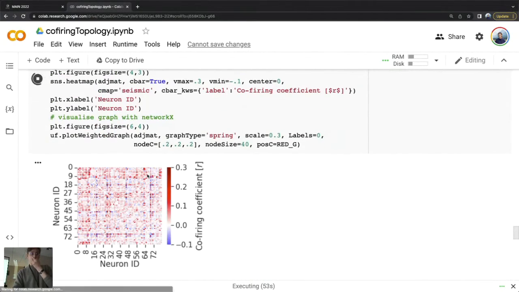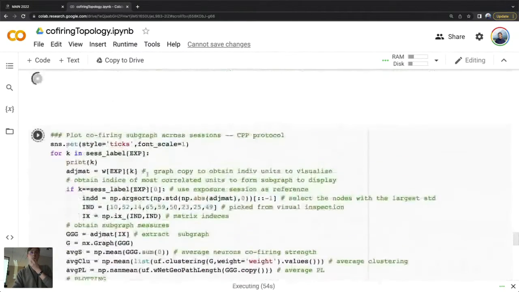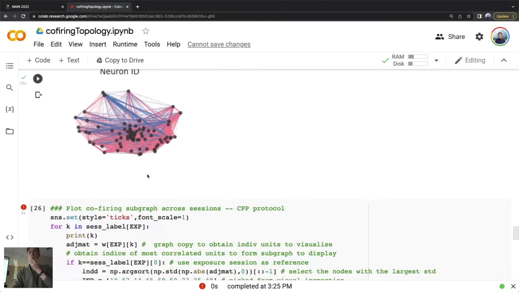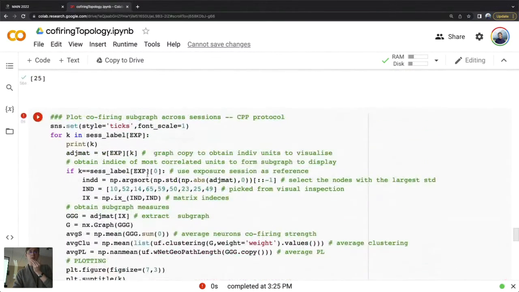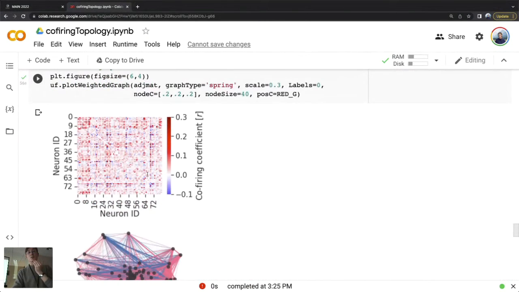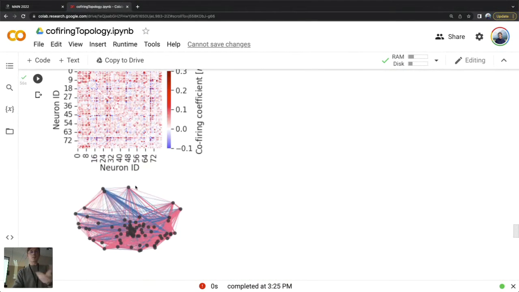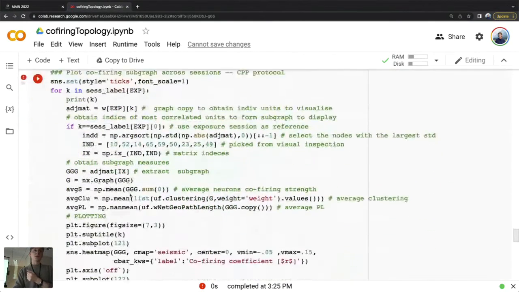It's not the prettiest of graphs, but it's what we saw before. The position of the nodes is stochastic, so it changes every time.